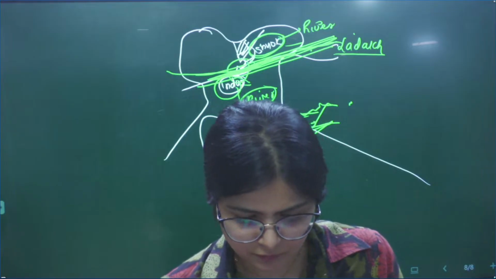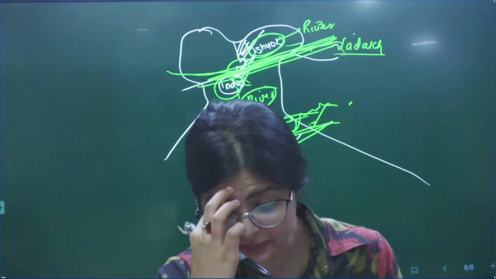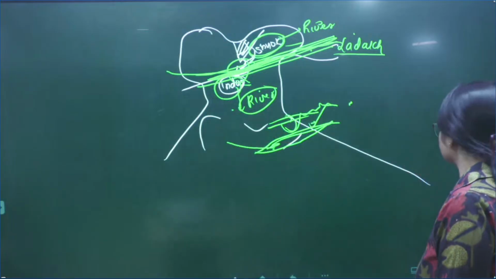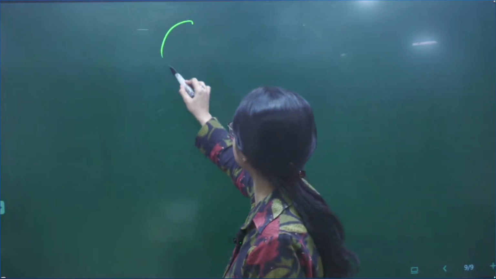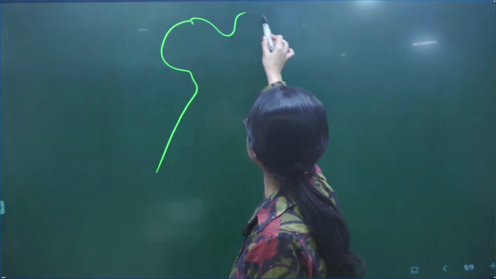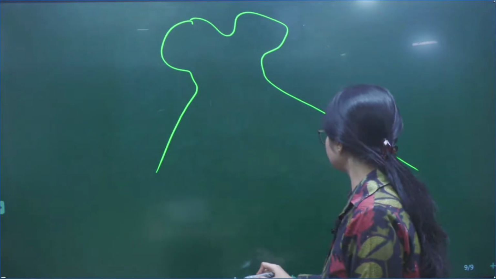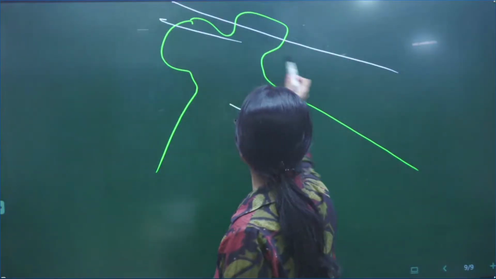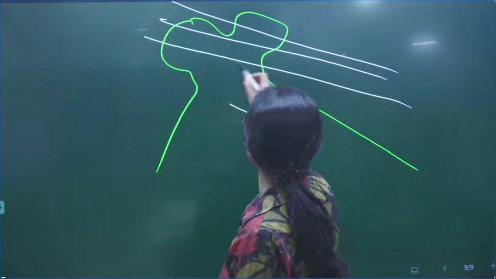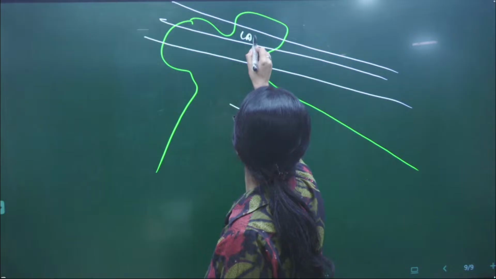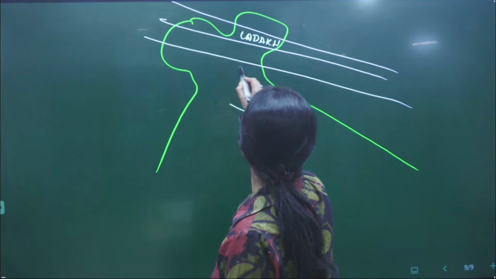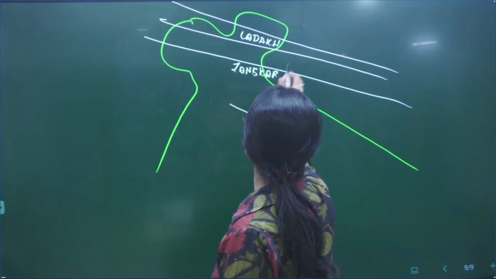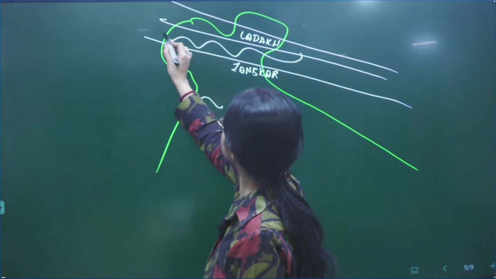Next, write down an important point. Indus river flows between Zanskar and Ladakh range. Can I say it is flowing here between Zanskar and the Ladakh range?